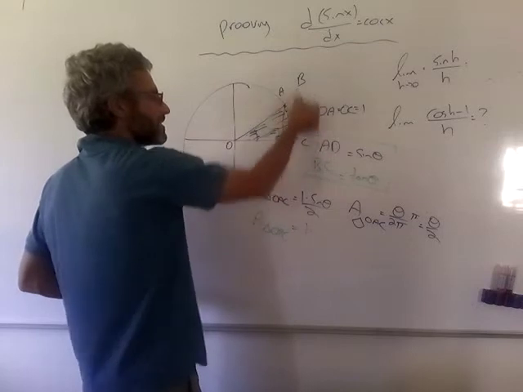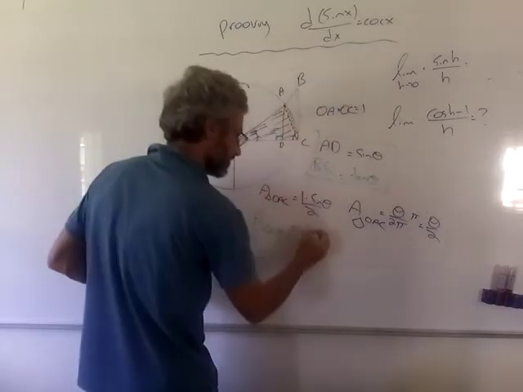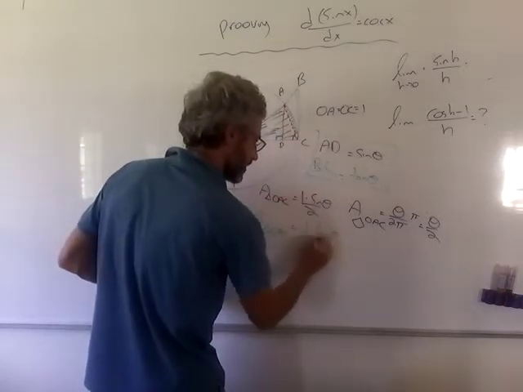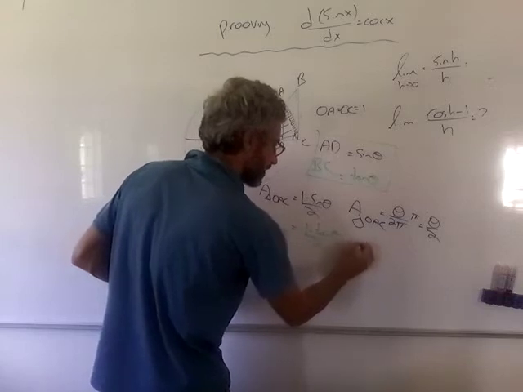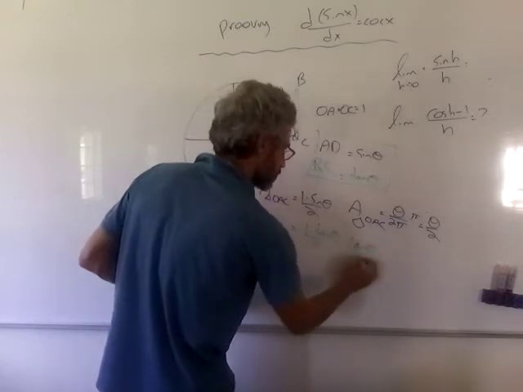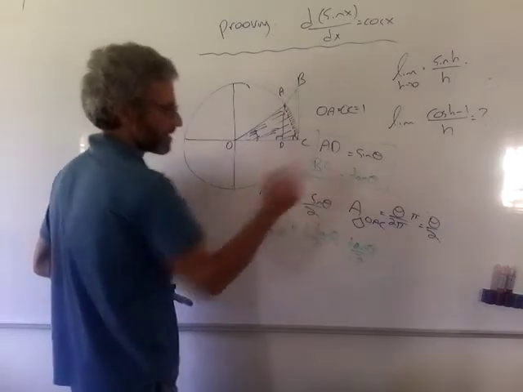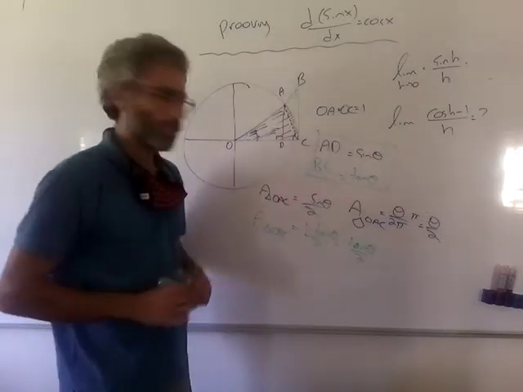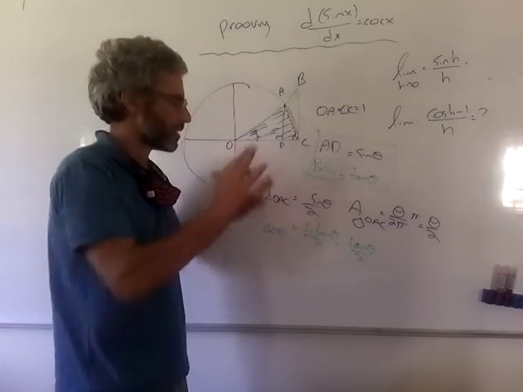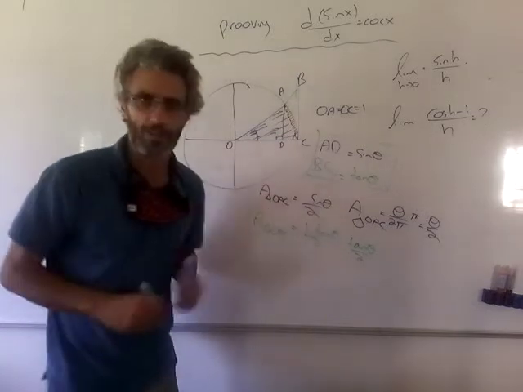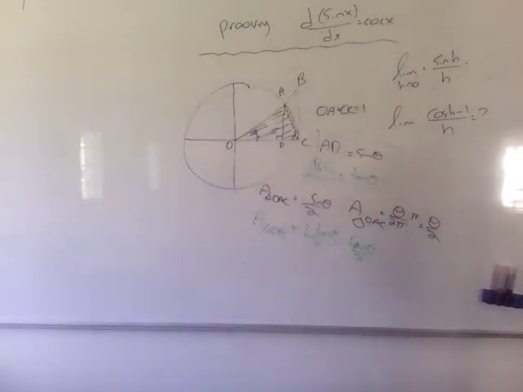The height in this case, BC, is tan theta, and I'm dividing by 2. So in other words, I've got tan theta over 2. Over here, I'm also going to rewrite it as sine theta over 2. So I'm going to rewrite this whole thing. I'll make some space, rewrite the whole thing, and then we'll take it from there.